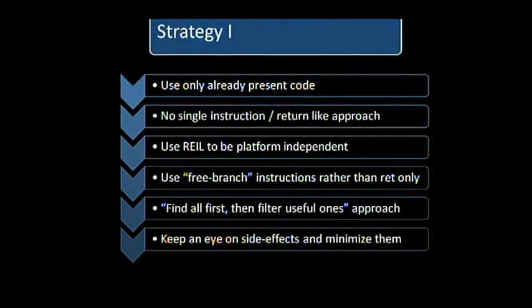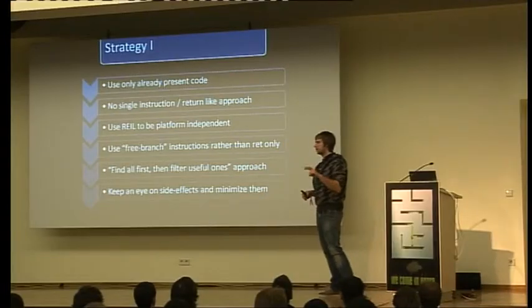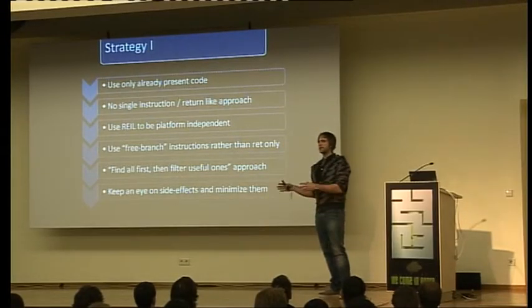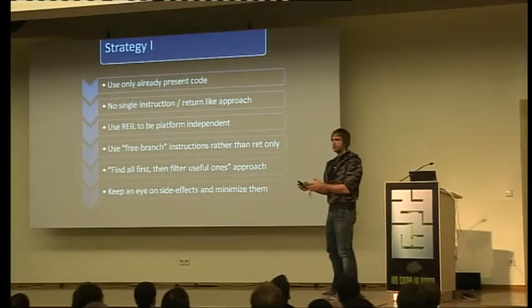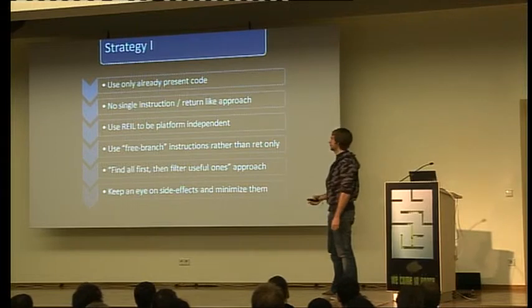What we did is that we defined a free branch instruction rather than only returns, because in multiple architectures it's not only possible to use return instructions but also jumps to registers, or in ARM, it's even possible to use any arithmetic instruction to actually change the program counter. So it is not really a good thing to only take a look at return instructions, because your possibilities are a lot wider than that in most of the architectures.